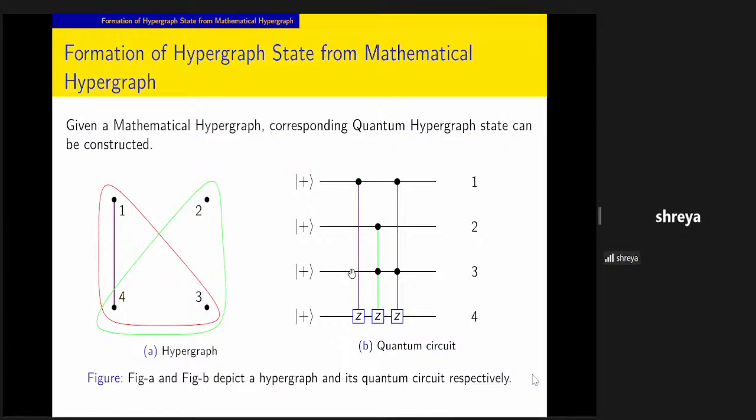Here, like 1 and 4 are connected, so we make a control Z, and we can also use Z in 1 and control in the 4 position. For 2, 3, 4 we use a controlled Z, and for 1, 3, 4 control in 1 and 3 and Z in 4.